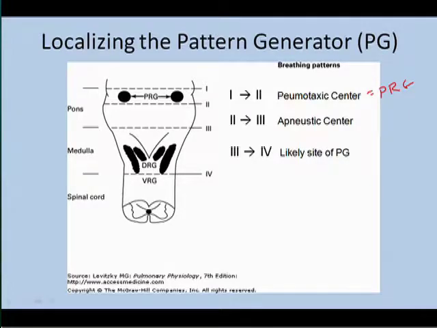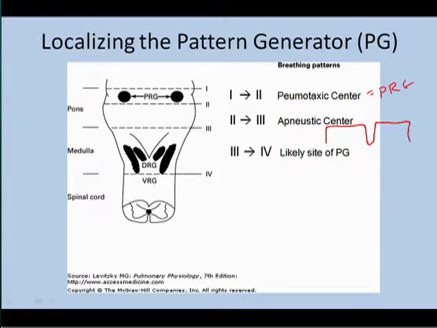The PRG has cell groups with inspiratory activity and others with expiratory activity. Logically, stimulation of these cell groups can lead to inspiration or allow expiration. The PRG also modifies the activity of the apneustic center by cyclic inhibition of inspiration. The apneustic center itself is located between level 2 and level 3. Apneustic breathing consists of prolonged inspiratory efforts with short expirations.